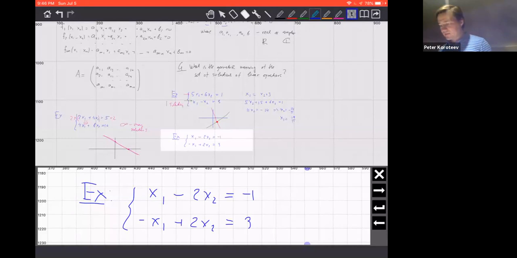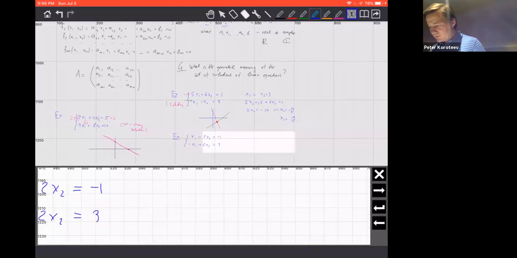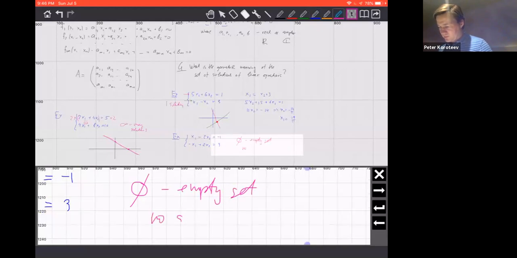No solution. Yep, that's right. Set theoretically, it's an empty set. The set of solutions is the empty set, or no solutions.